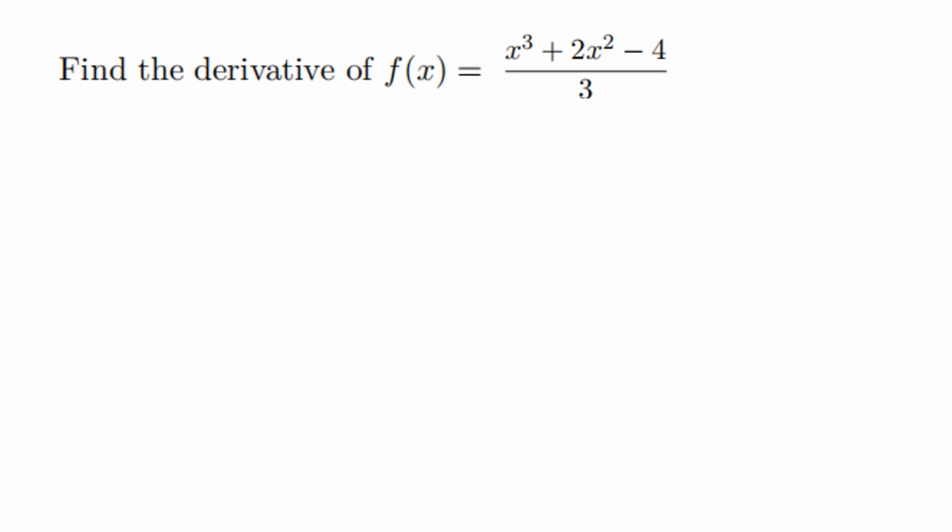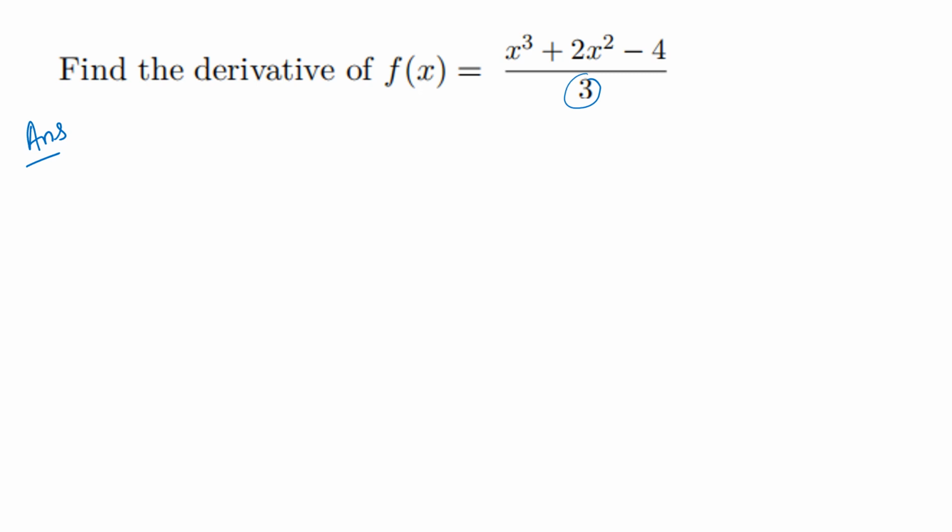Consider the problem here. Find the derivative of f(x) equal to x cube plus 2x square minus 4 over 3. So it is looking like quotient rule, u by v derivative. But in the denominator we have the constant 3. So no need to apply quotient rule.